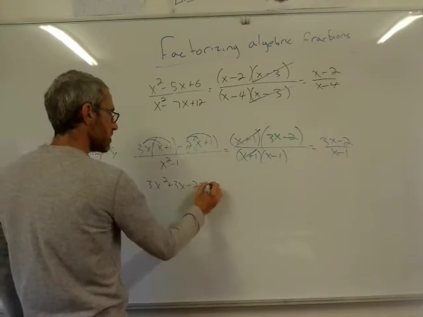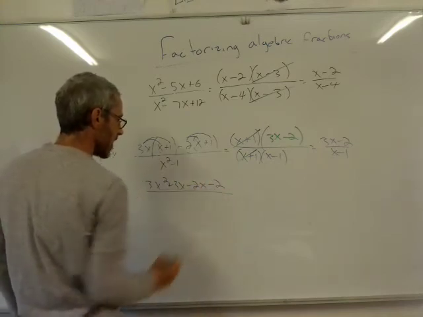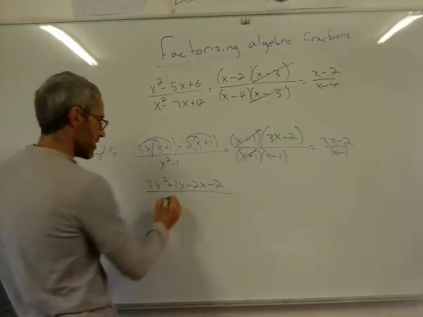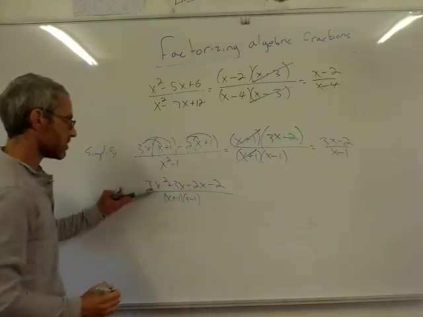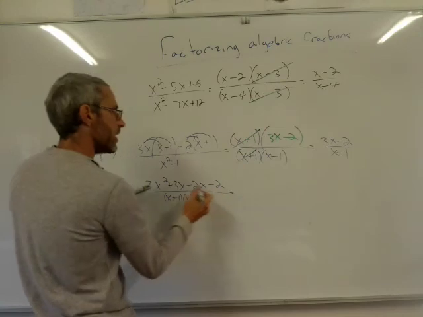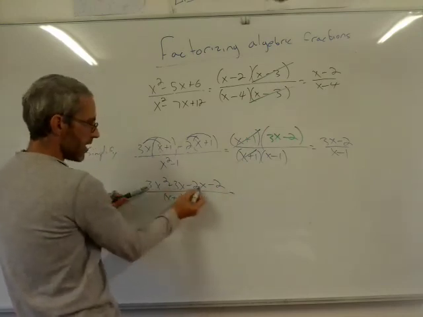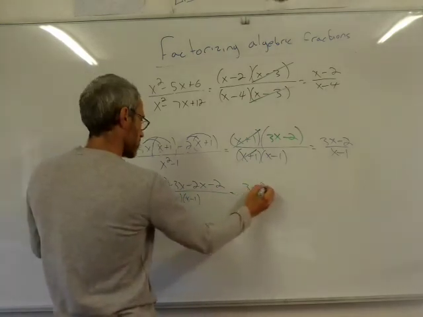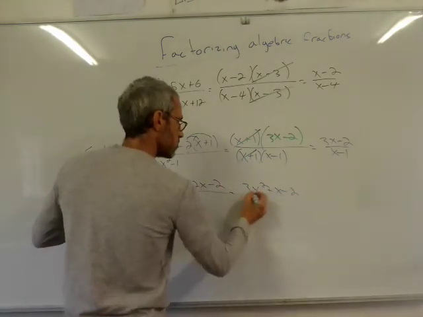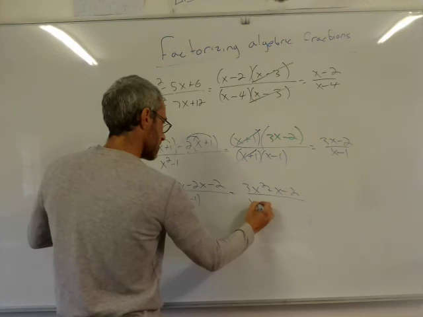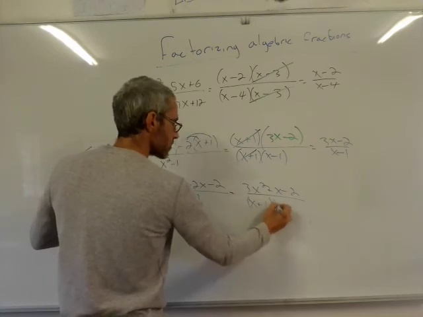Minus 2x minus 2, divided by, let's say you do the same thing here, x plus 1 times x minus 1. Now, I'll simplify what I can here. So 3x squared plus 3x minus 2x is plus x, minus 2, divided by x plus 1, x minus 1.